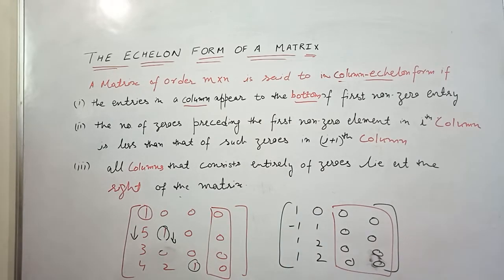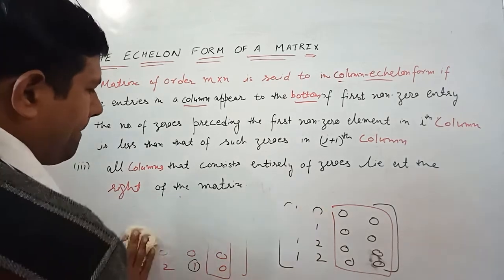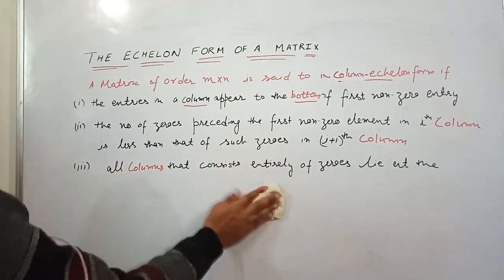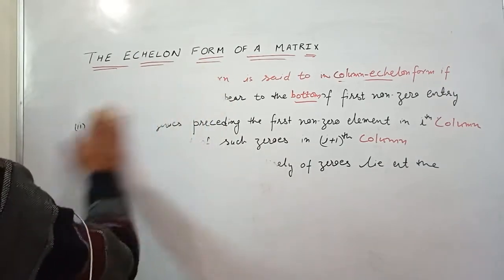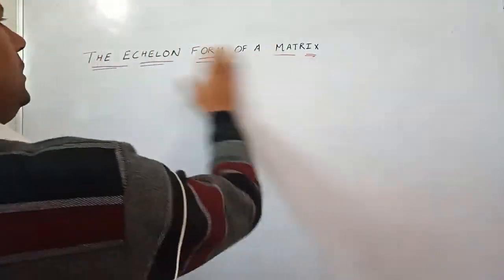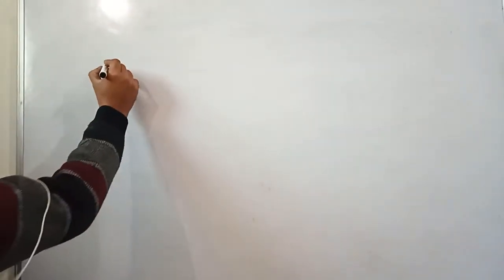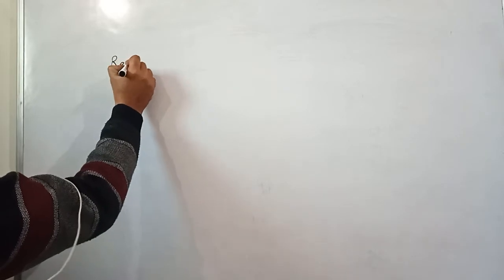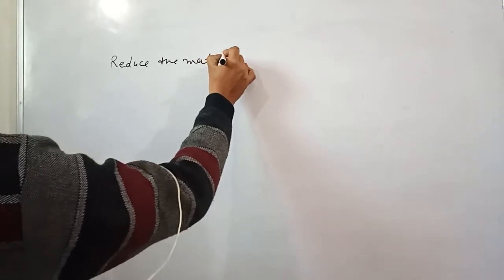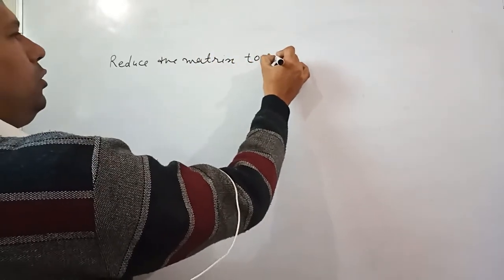Now we'll take one example of how to reduce a matrix to row echelon form. Reduce the matrix to row echelon form.